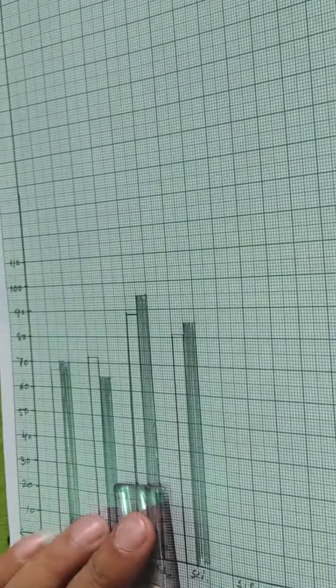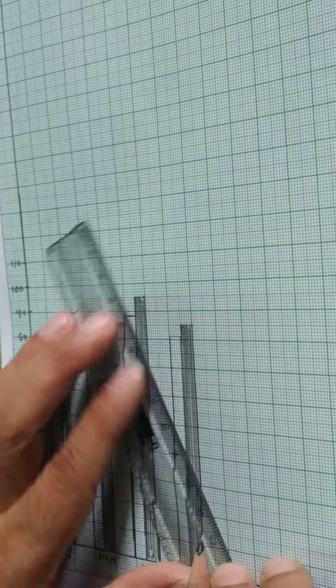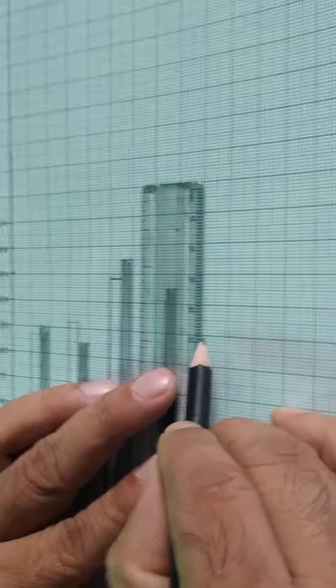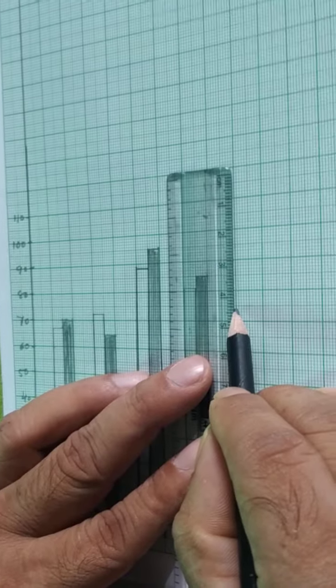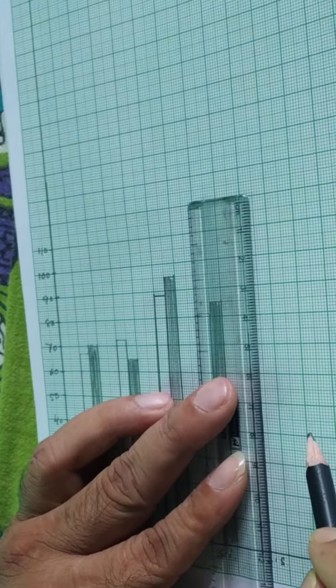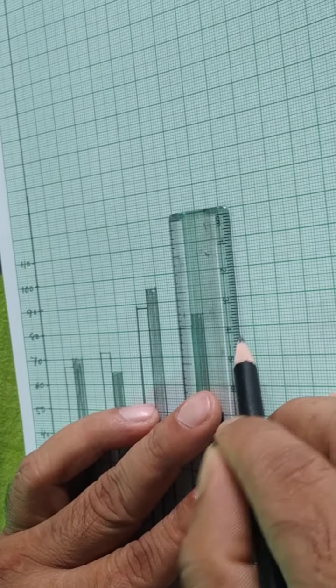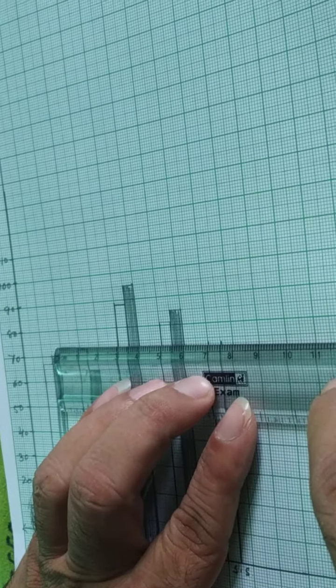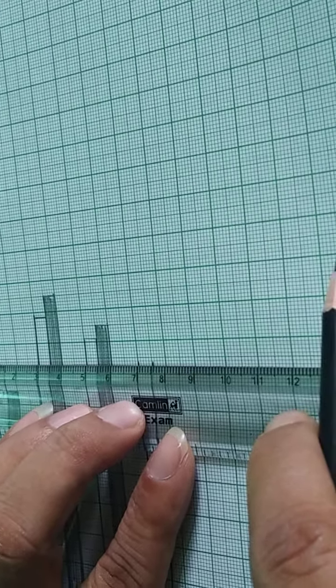Last SS 73, 70, 71, 72, 73. And in second semester 75.